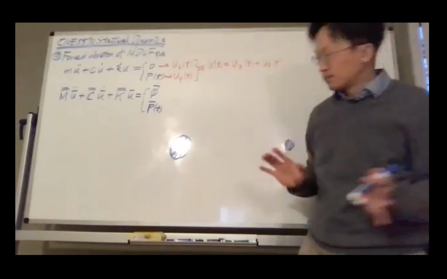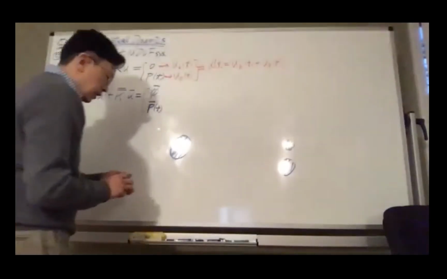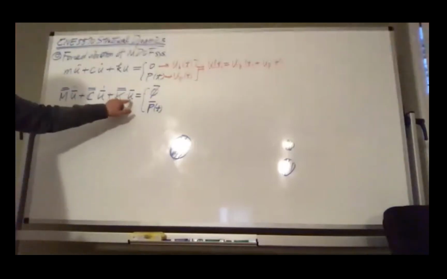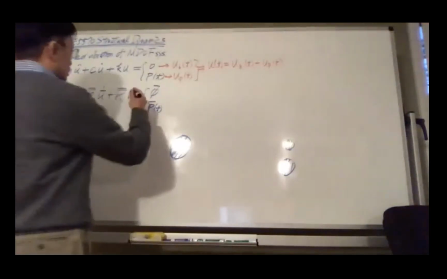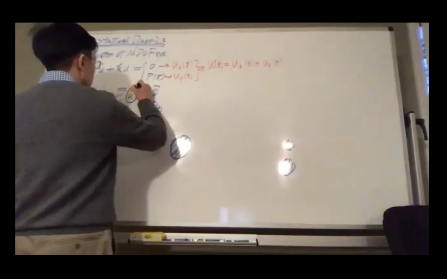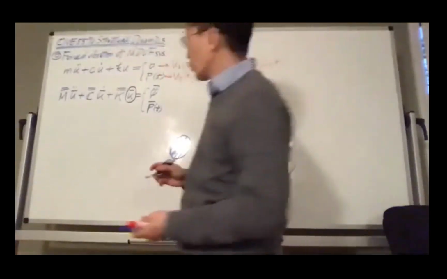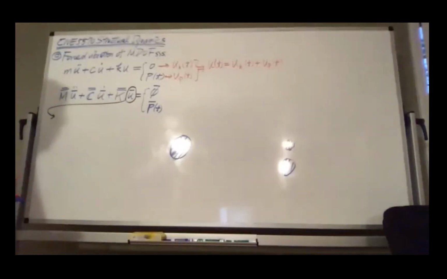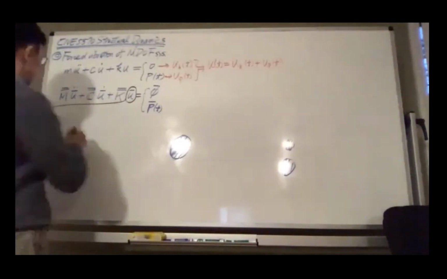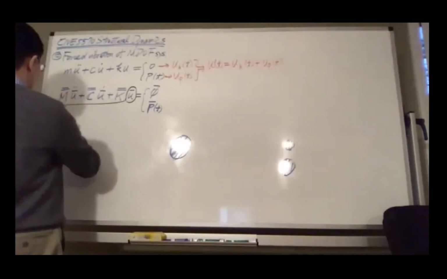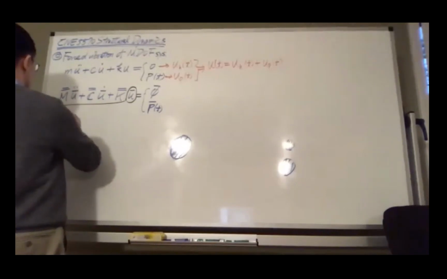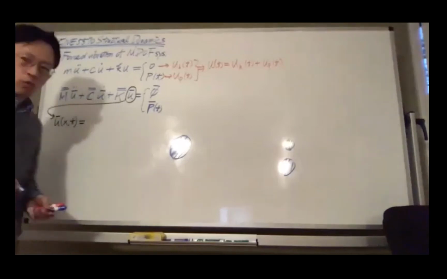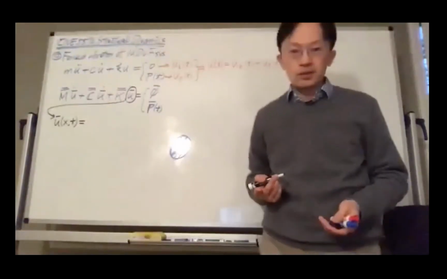The idea is pretty much the same, except that when we determine the displacement vector here, we said that the displacement vector can be written as a linear summation of two different components, right?